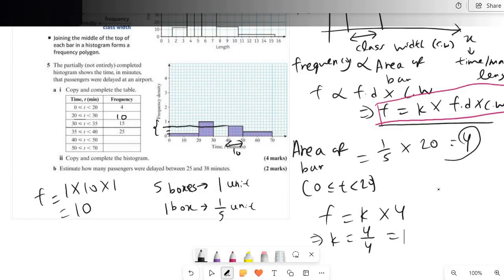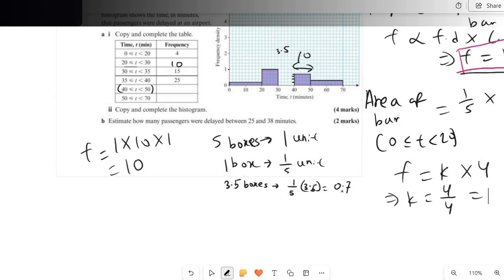So as we have discussed here, if 5 boxes represent 1 unit, therefore 1 box represents 1/5 of that unit. Therefore 3.5 boxes should represent 3.5 multiplied by this fraction, so 3.5 into 1/5, and this gives us a value of 0.7 for the frequency density.